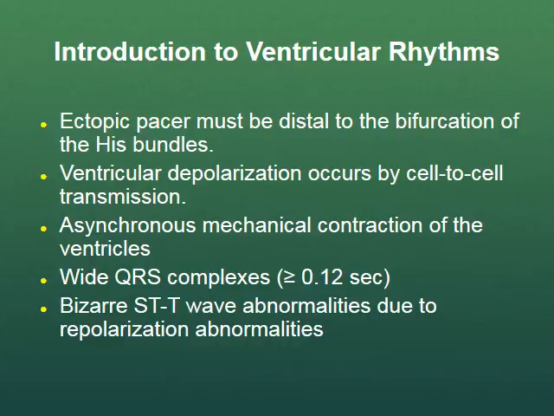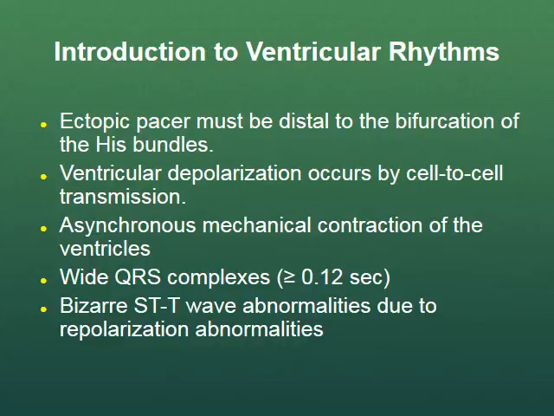So these rhythms that we're discussing are rhythms where the pacemaker is distal to the bundle of His. That's what we mean when we say a ventricular rhythm. These rhythms can occur anywhere from the bundle branches down to the very tip of the ventricles and the Purkinje fibers, and anywhere in between.